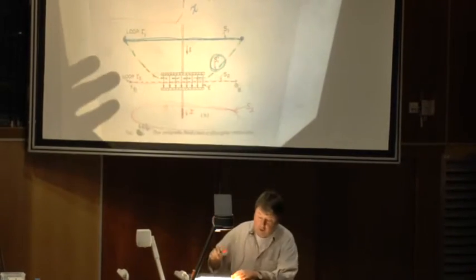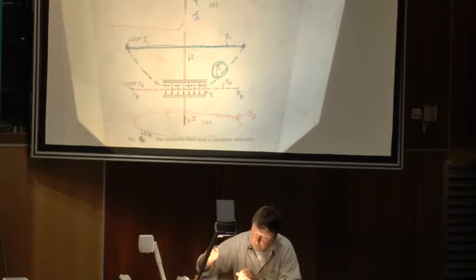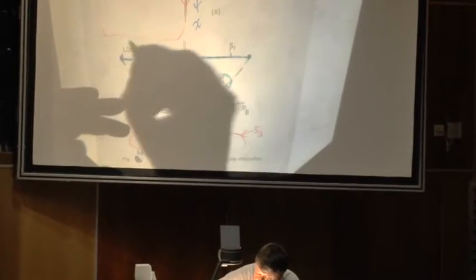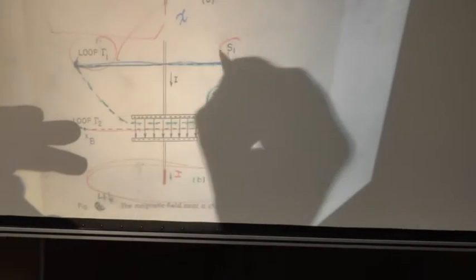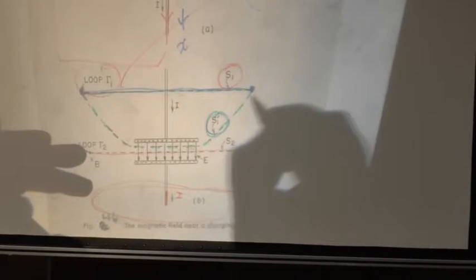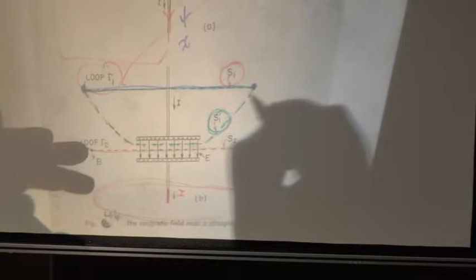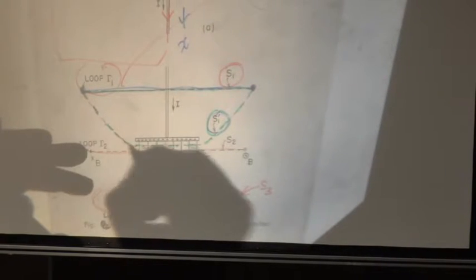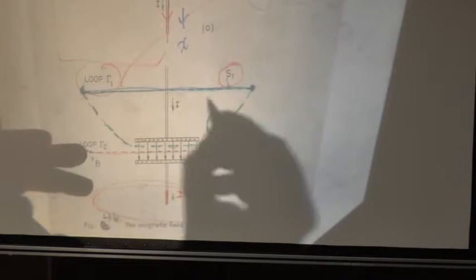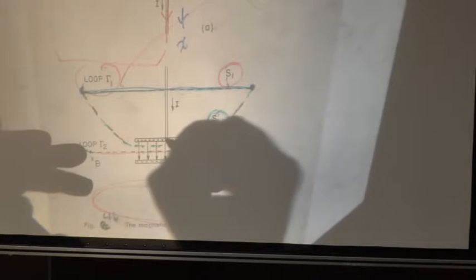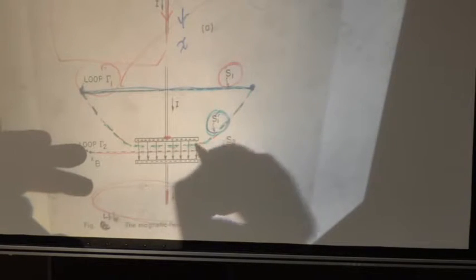And now the argument gets even worse than what we thought, because this loop gamma 1, I've already analysed it. I know the answer by putting the flat surface S1 into that loop gamma. I now put this bowl-shaped surface in, and there's no current flowing through it. The current has stopped here. It's not flowing through at any point.